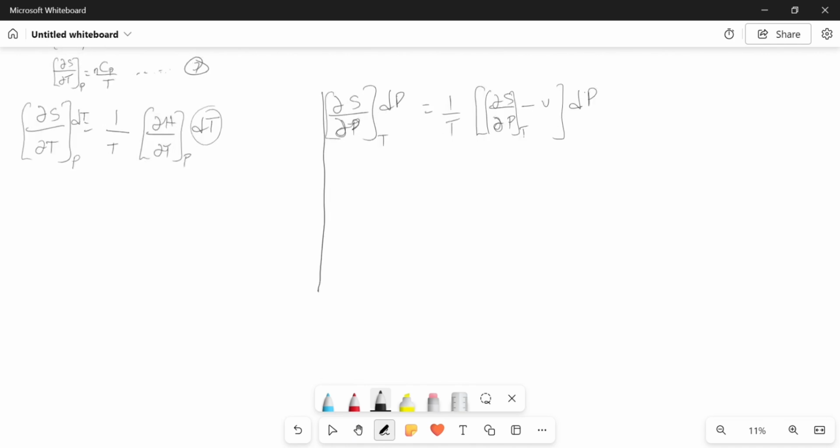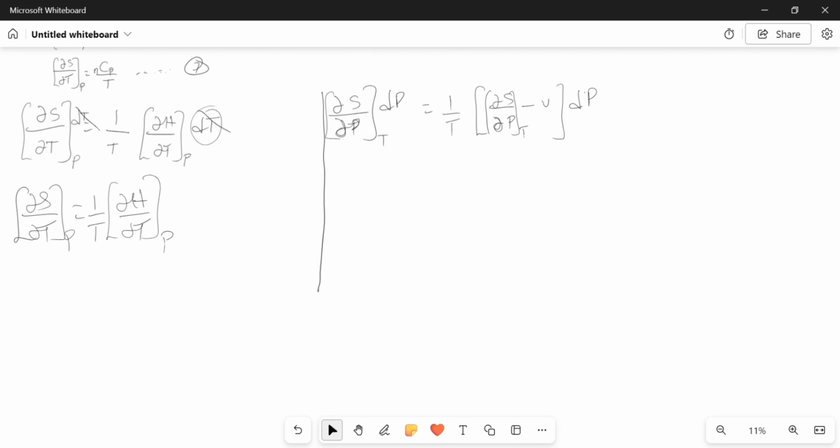Now what do we do from here? Cancel dT out first, we don't need that. We have del S over del T at constant pressure equal to 1 over T times del H over del T at constant pressure. I want to make del H over del T the subject of the formula, so I need to cross multiply, and this T will come here.